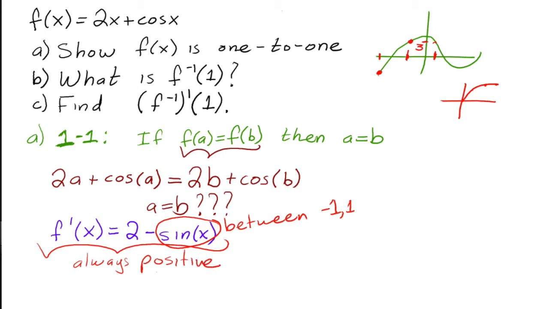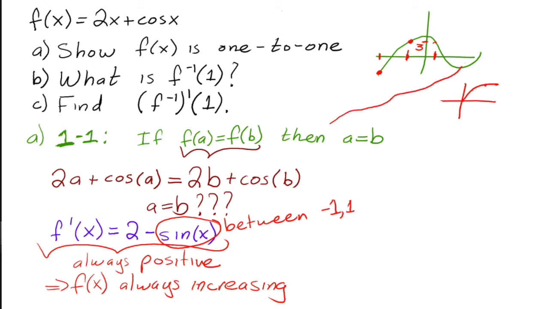If it's always positive, what that means is that the function 2x plus cosine of x is always increasing, also called monotonically increasing. Well, if it's always increasing, then it would have to be 1-to-1, right?